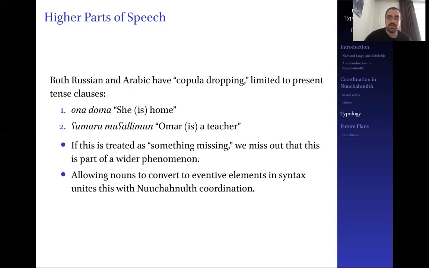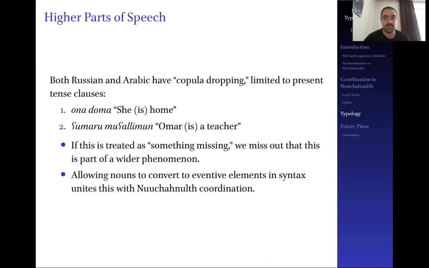But if we look at this and say, well, these languages have something missing, that be verb has dropped out, then we miss out that these constructions in Russian and Arabic might be part of a much wider phenomenon. And if we instead look at it as allowing nouns to be eventive or predicative, in Russian and Arabic, we have this in a certain context, which is the present tense.